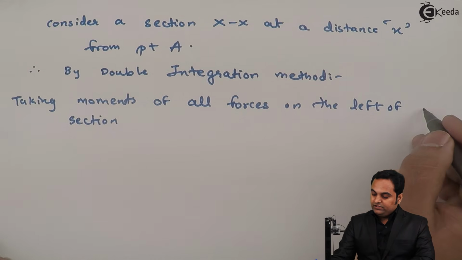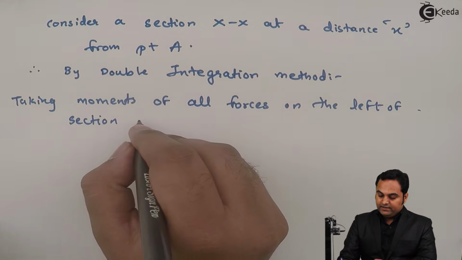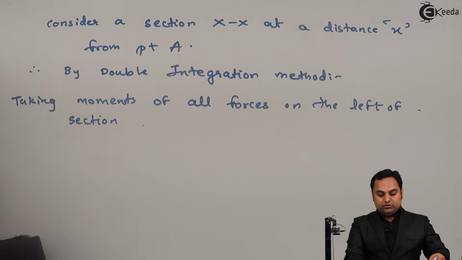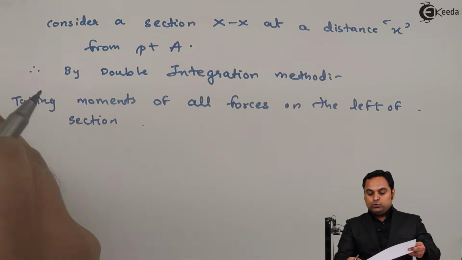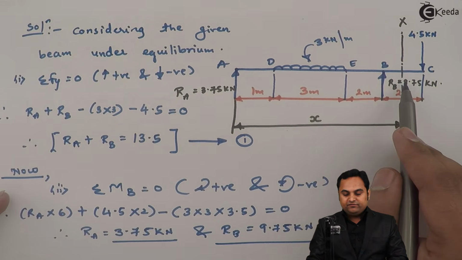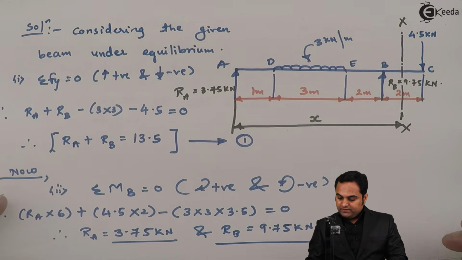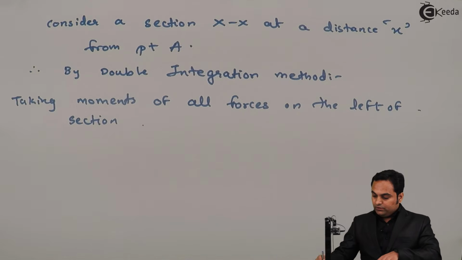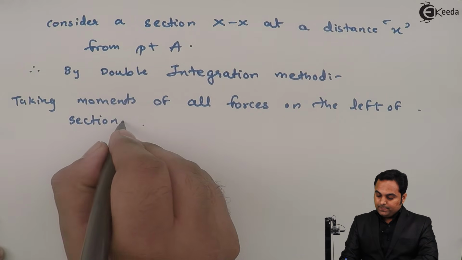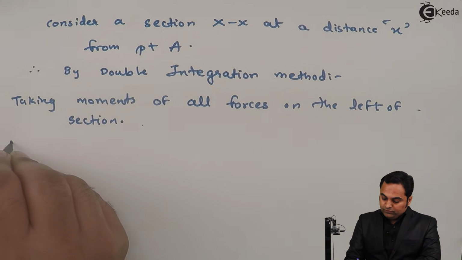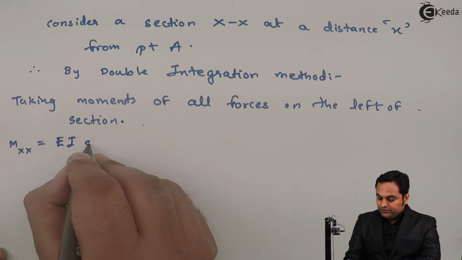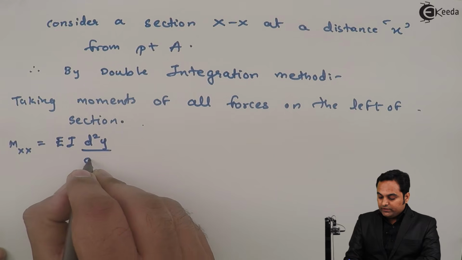We will take on the left of section as well as on the right of the section, because on the right also we are having one value which is 4.5. So that will be, now, yes, we will take it only on to the left of the section. Now so we have moment at XX, it is given by EI d square y by dx square.